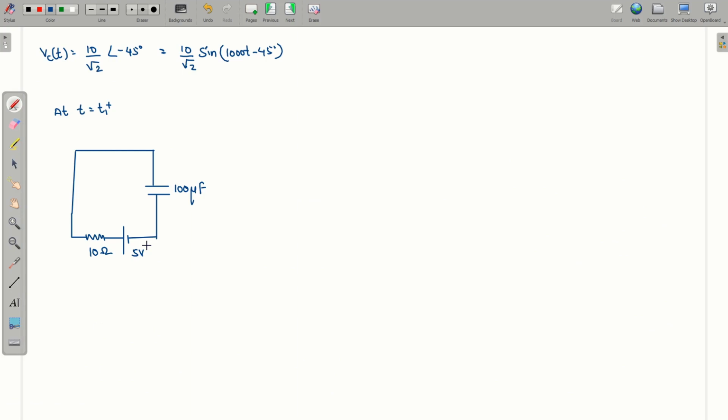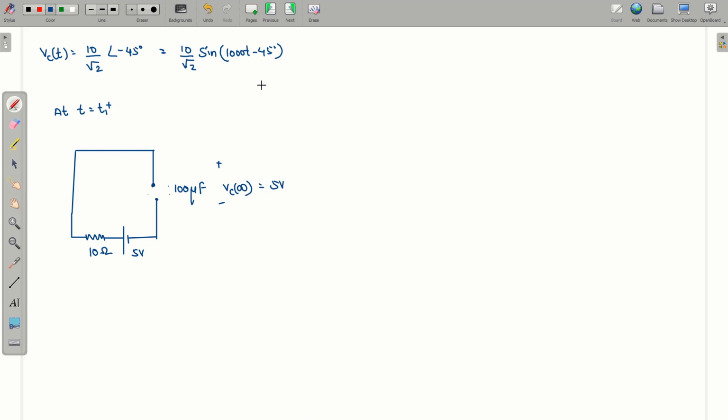Now at steady state we will have a transient free response. So what will be this capacitor voltage? It will be Vc infinity. We know the capacitor will act as an open circuit, and when it is open circuited, Vc infinity will be equal to 5 volt.